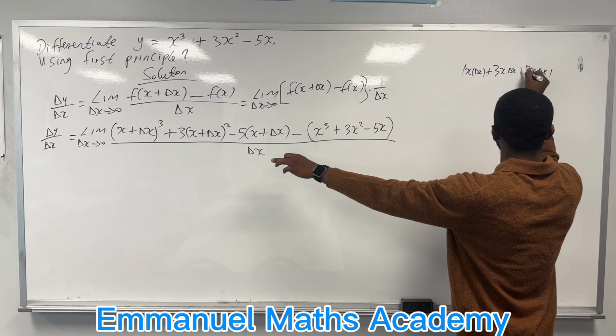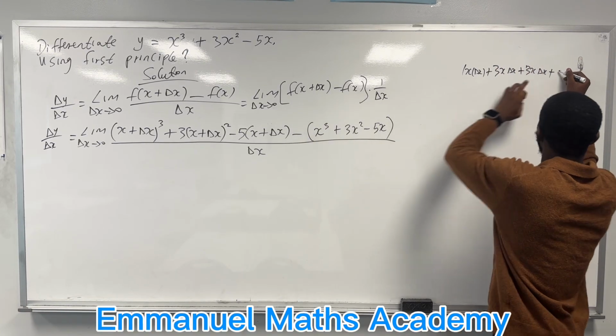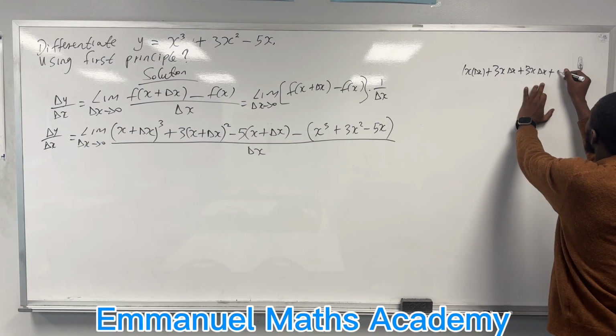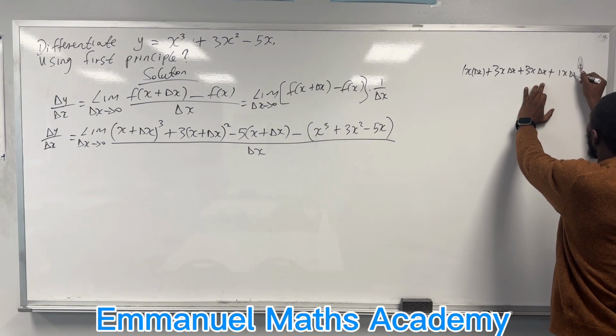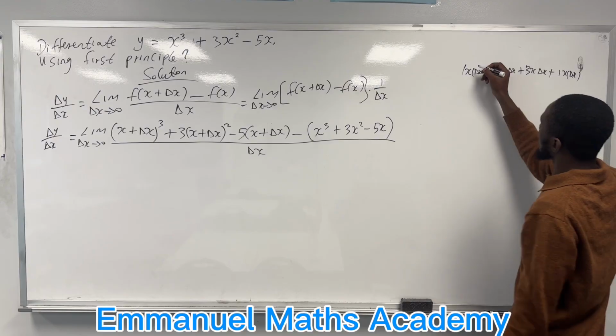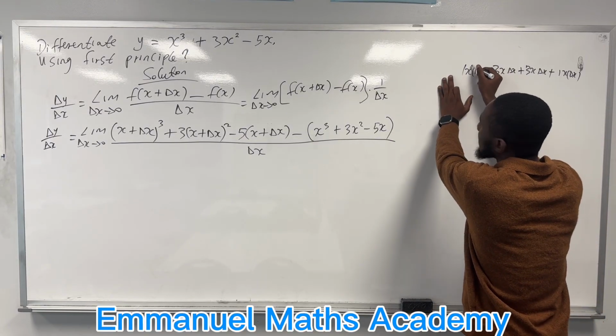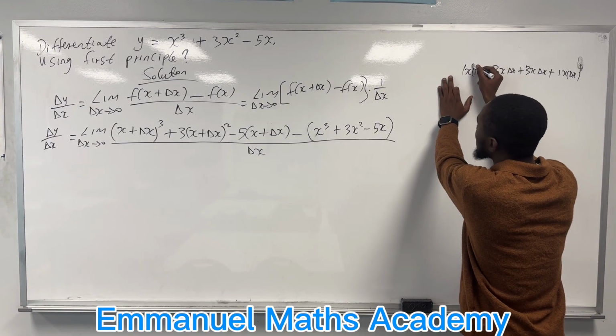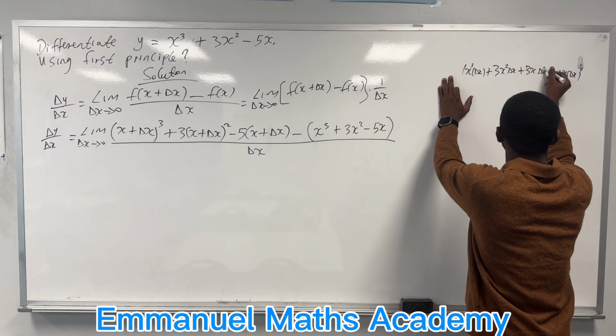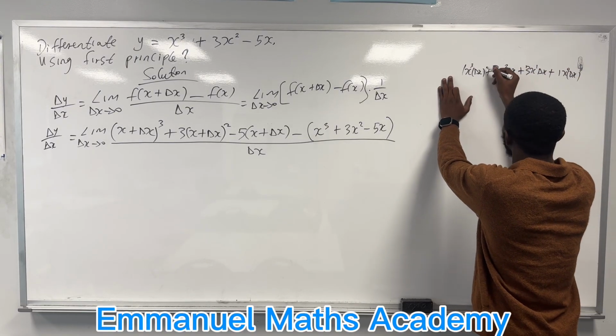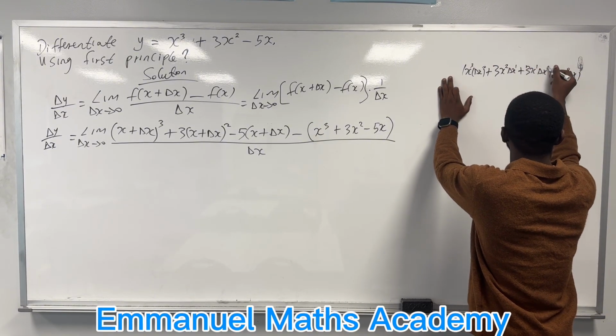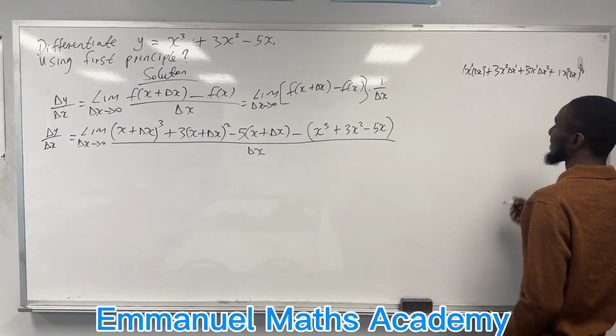Remember, you have plus here, plus here, plus here. 1 x delta x. This one starts from the highest exponent, which is 3. You have 2, 1, 0. You have 0, 1, 2, 3. Right?